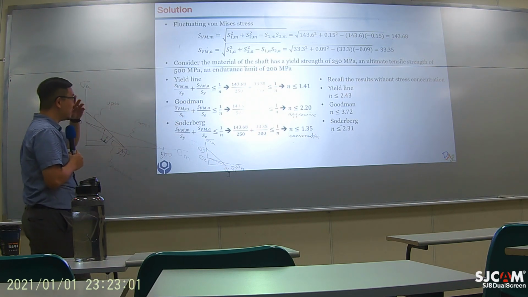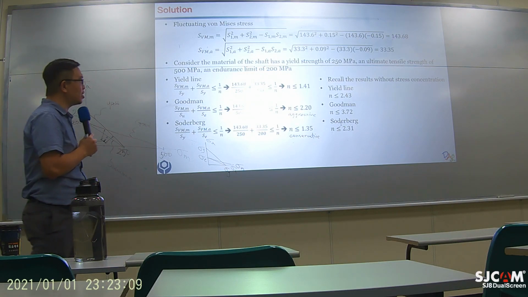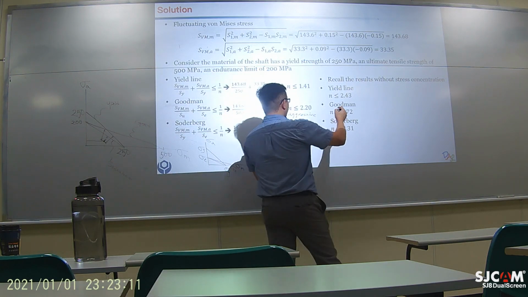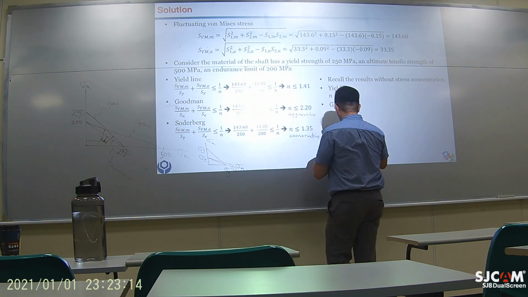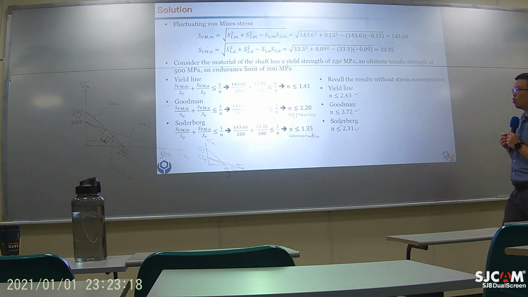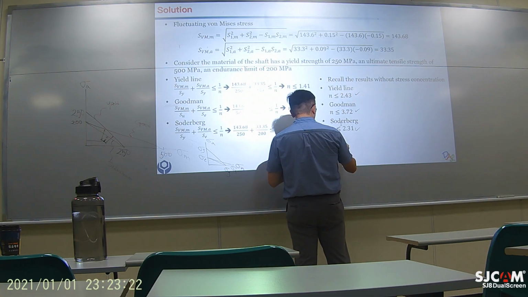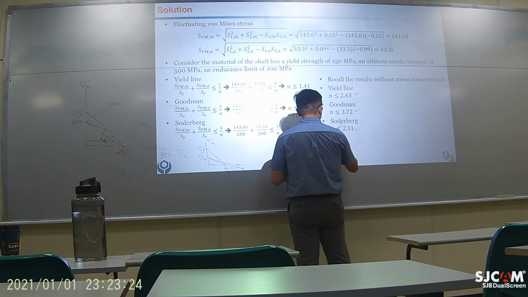Okay, and if we compare to what we did earlier in the previous lecture, without consideration of stress concentration, we end up with different numbers, and they are all larger than what we have today. So without stress concentration, we think we are safer.